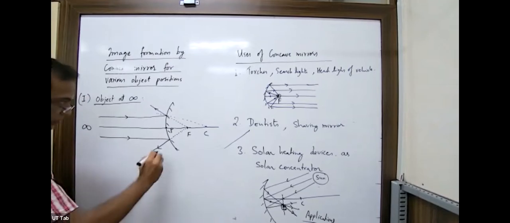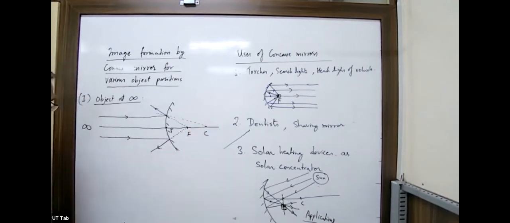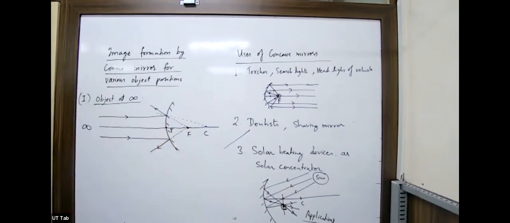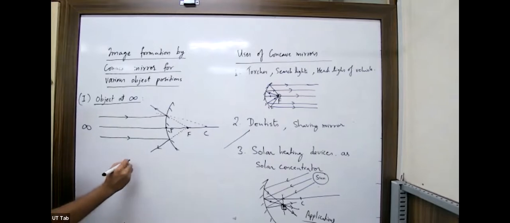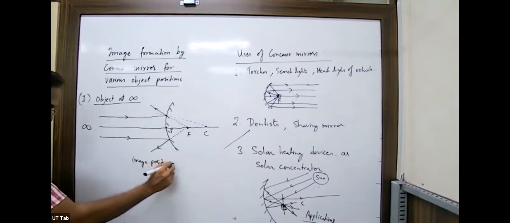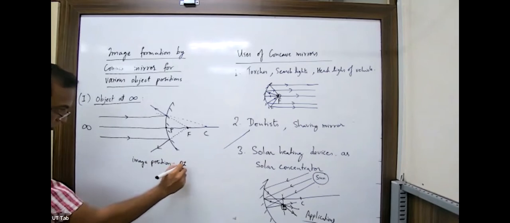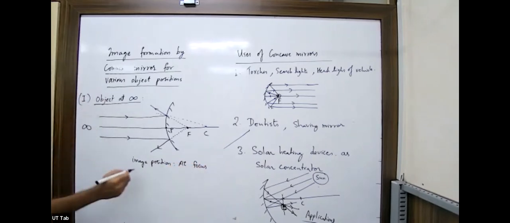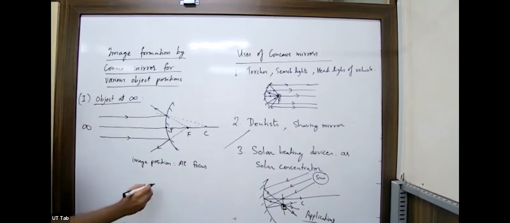Obviously, like that. When somebody sees from this side, you would feel that the rays are diverging from the focus. So what is the image position? For an object at infinity, the image position is at the focus.